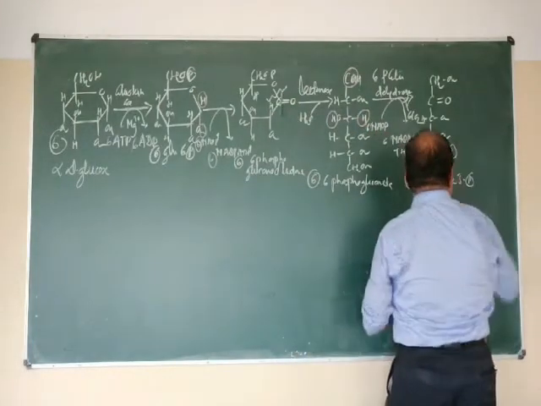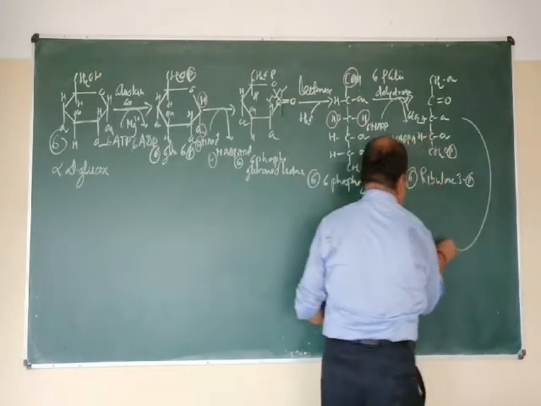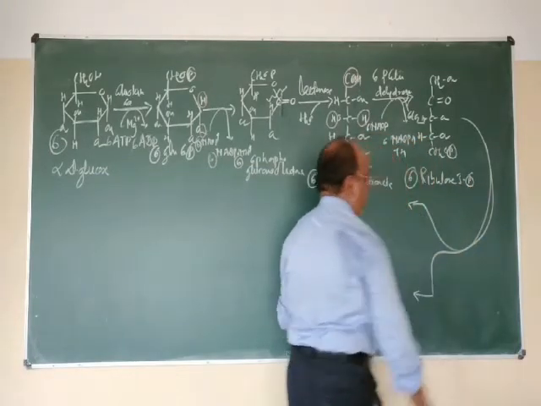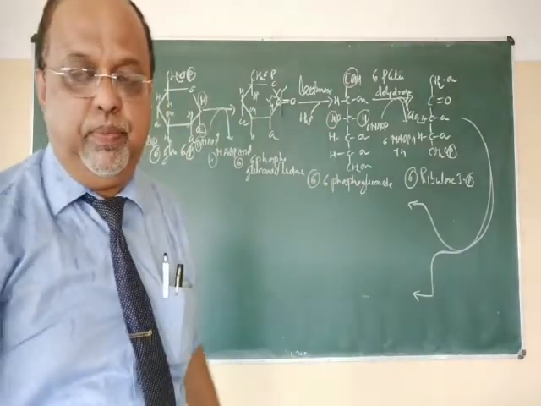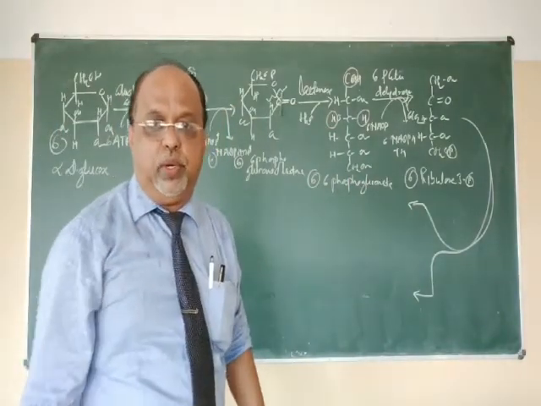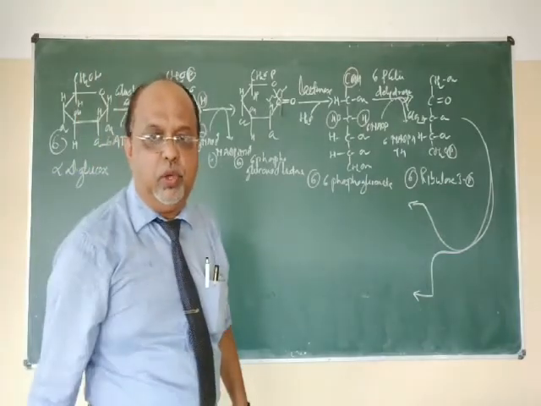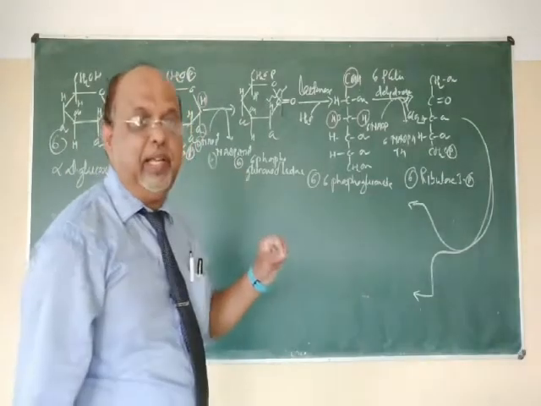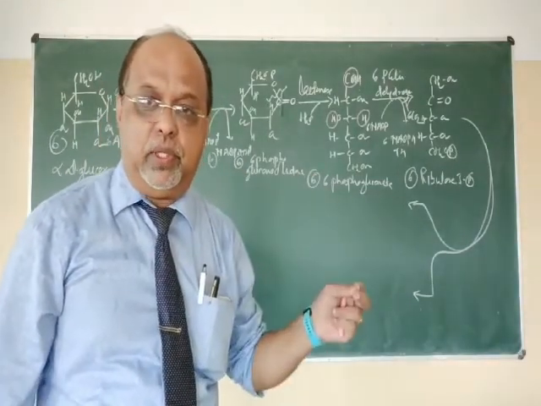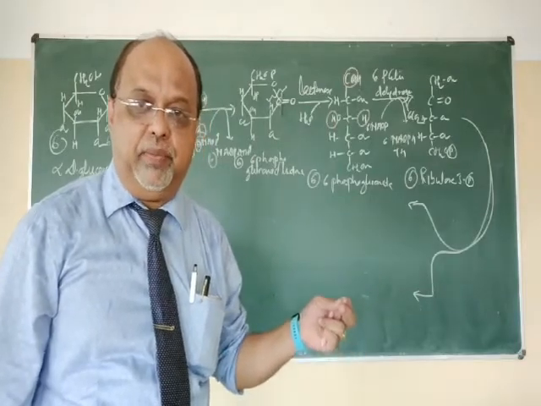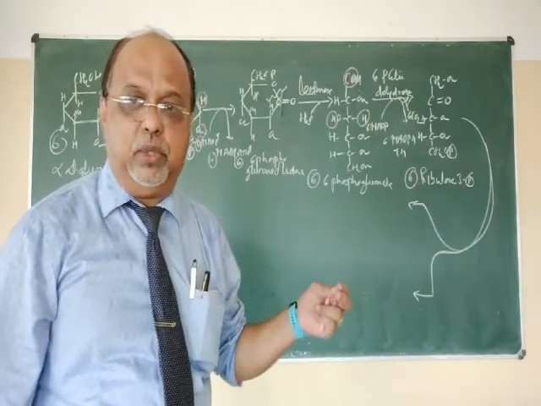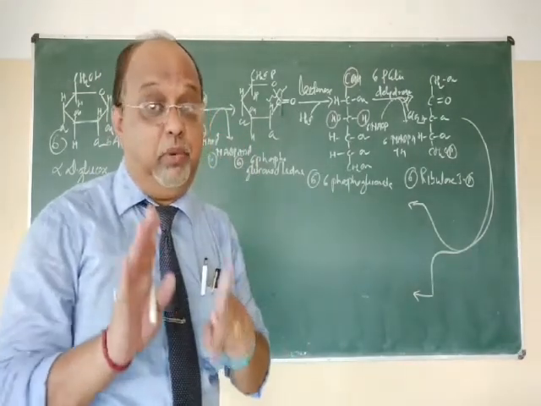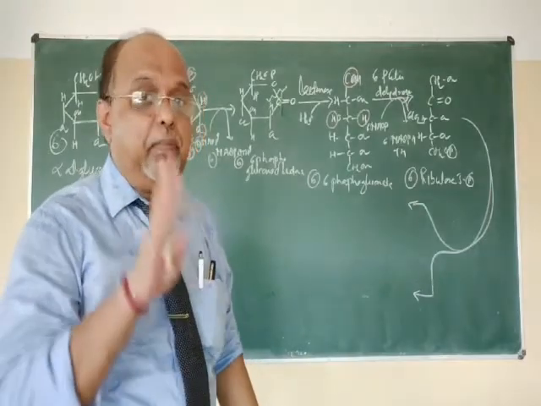In the next reaction, it is catalyzed by two enzymes. One is known as ribose 5-phosphate epimerase. What's its name? Ribose 5-phosphate epimerase. So ribose 5-phosphate undergoes the epimerization reaction, and its epimer is known as xylulose 5-phosphate. But out of 6 molecules of ribose 5-phosphate, 4 are epimerized.